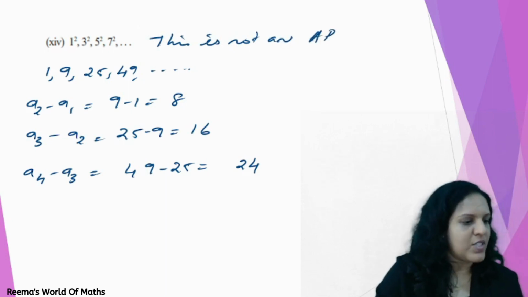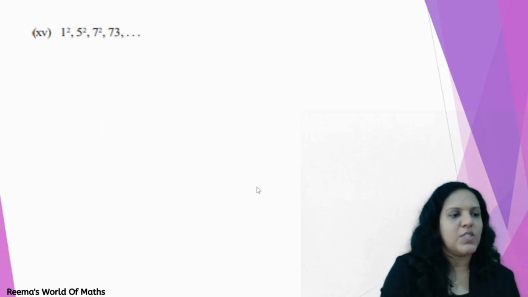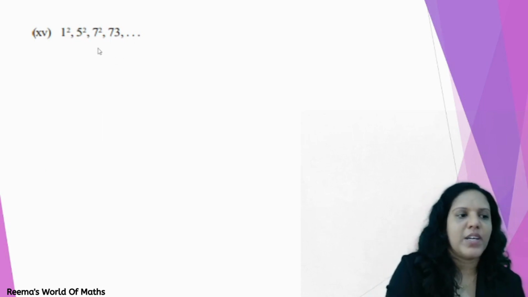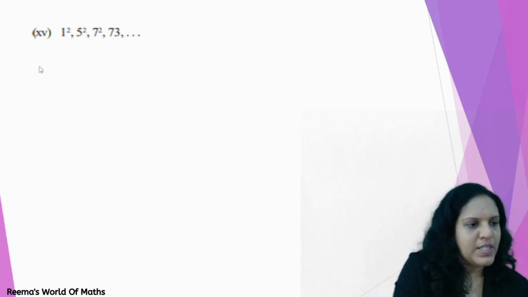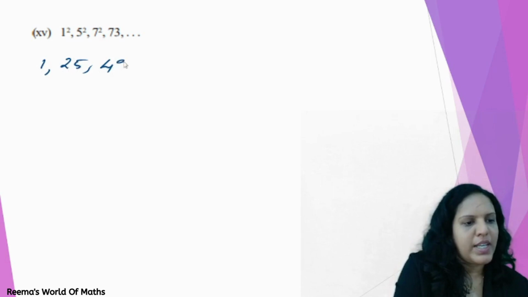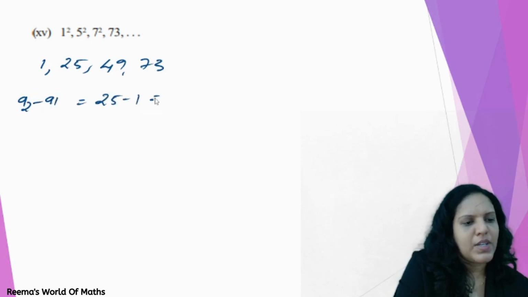Let's see the last question from this exercise, which is 1 squared, 5 squared, 7 squared, 23... So first, we can expand as 1, 5 squared is 25, then 49, then 73. Let's see A2 minus A1, which is 25 minus 1 equals 24.